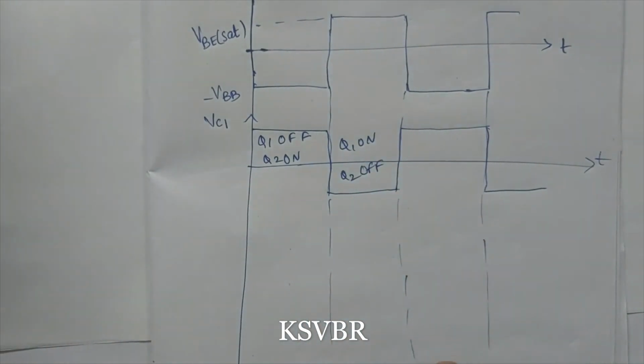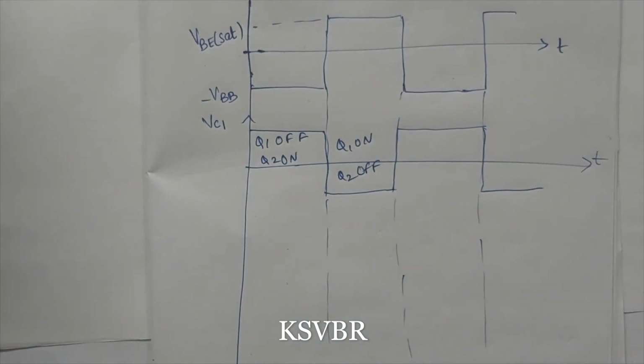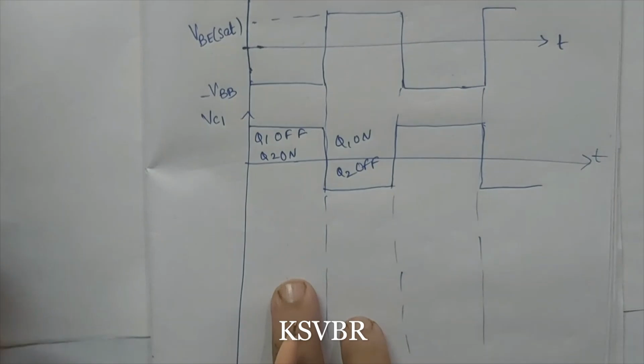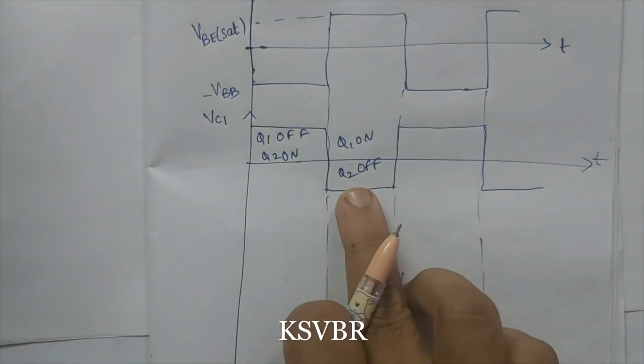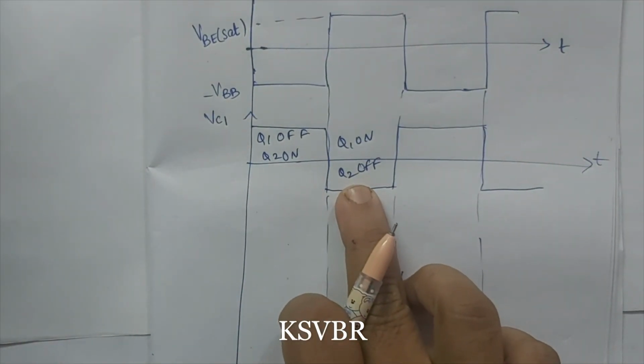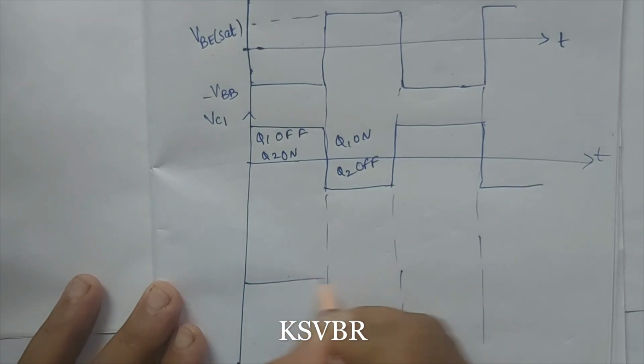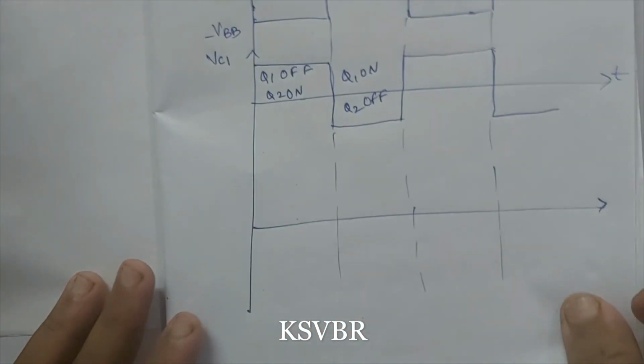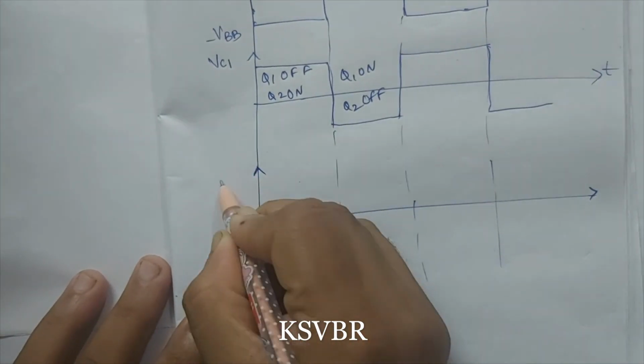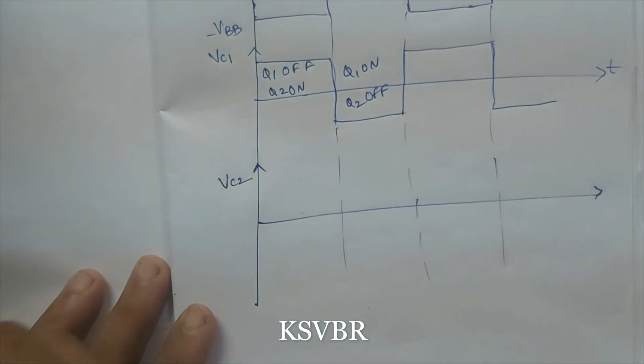So we know that all multivibrators will be having complementary outputs. So whenever this is high, VC2 will be low, and whenever this is low, VC2 will be high. So let us see VC2.